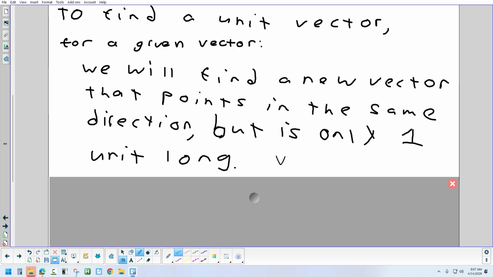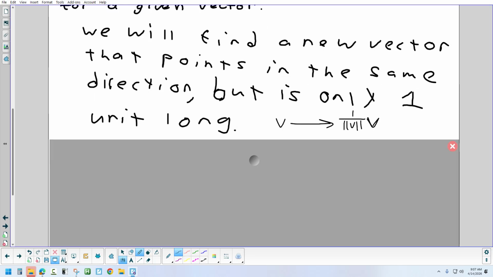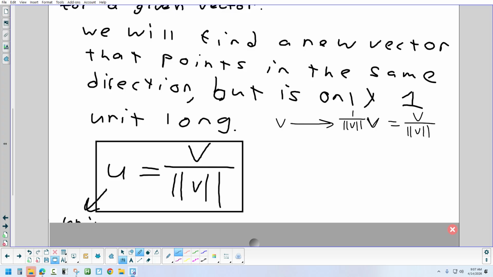But if we want to transform it into a unit vector, we can take vector V and scale it by 1 over its magnitude. If you want to put that together, you can write it by multiplying this out, which would be V over its magnitude. That is how you find a unit vector. Remember, with that scalar in front, we distribute the scalar to each component of our vector.